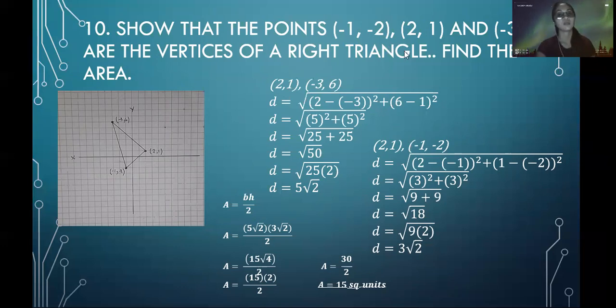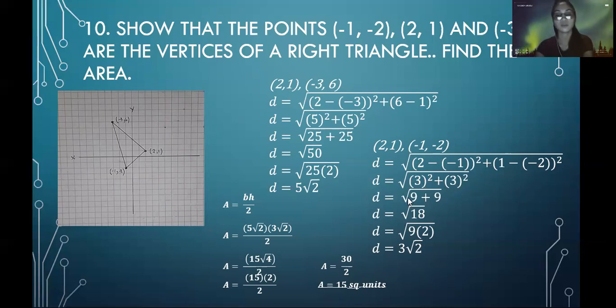Then for the second one, we're going to find also the distance between the points 2, 1 and negative 1, negative 2. So here is the formula. D is equal to the square root of the quantity 2 minus negative 1 squared plus the quantity 1 minus negative 2 squared.